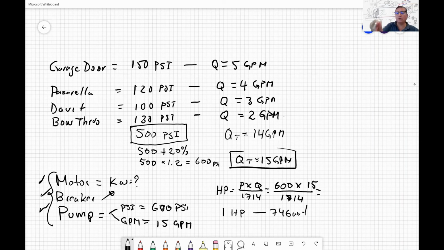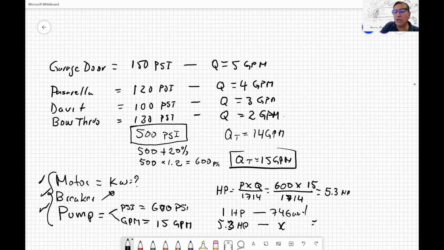It's 5.2 horsepower, no? Would you round that or no? In this case, it should be 5.3. Yeah, that's correct, 5.3. And if this is 5.3, how many watts are here? 5.3 times 746 is 9,084.2.